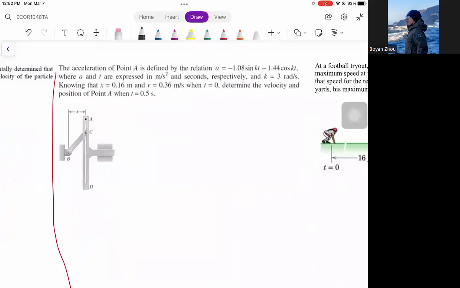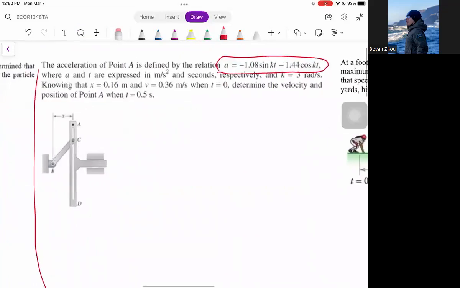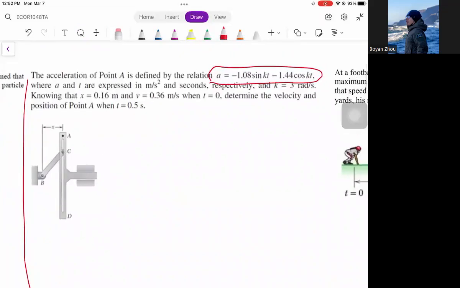In question 5, again, we have the equation between the acceleration and the time t. And we also have an unknown constant k over here.